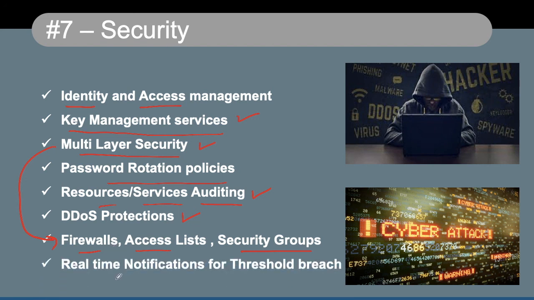And real-time notification, whenever your thresholds are breached, you will always get a real-time notification for your security breach as well. This is all about the best security technologies available in public cloud, which is hardly possible to implement in a private cloud or in an on-prem data center.